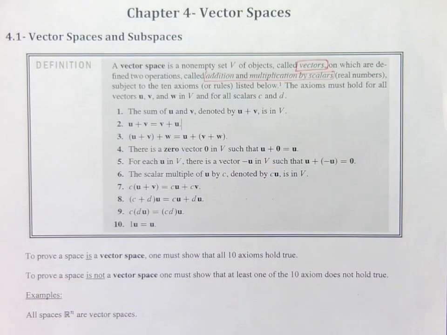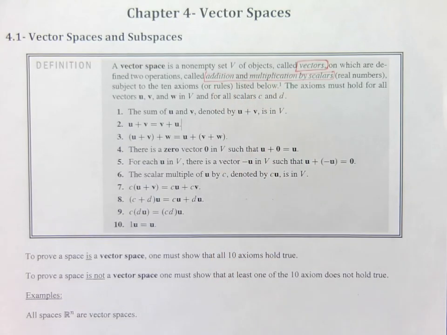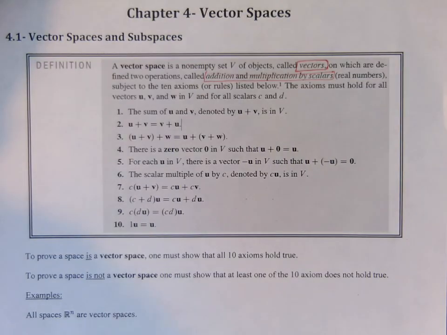But there can be other rules for addition and multiplication, and all this is saying is that this space has some rule for addition and multiplication. The ones we'll see are usually going to be the standard ones, but I want to be clear that you can redefine addition and or multiplication in different ways. This is just saying that this space has some definition for addition and multiplication.